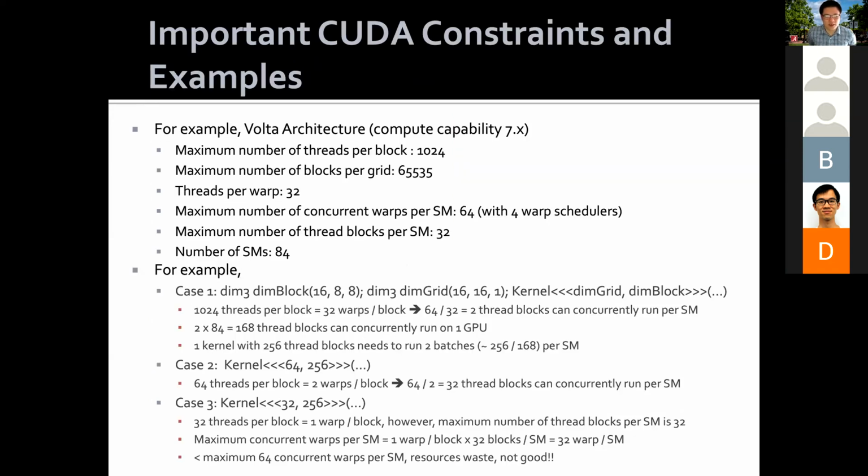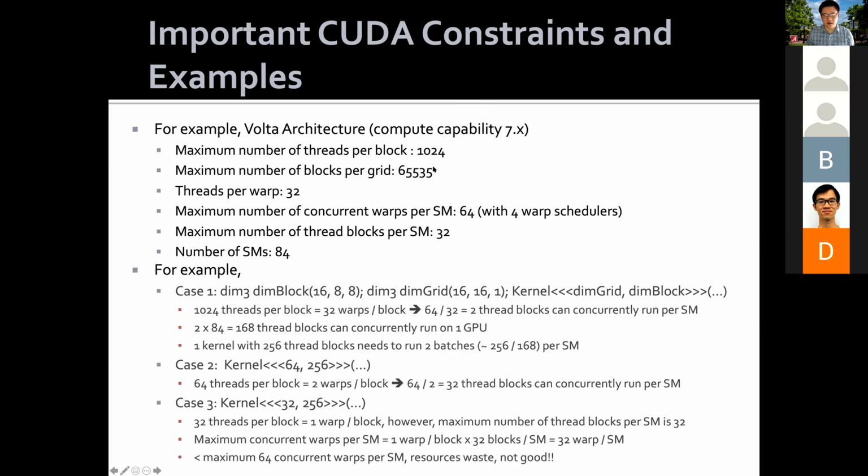So let's try to summarize here. The maximum number of threads per block, for example using the Volta architecture here, was previously 512, as I mentioned, but now we can have 1024. And the maximum number of blocks per grid is 65,535, so you can calculate how many threads you can use for one kernel or data array, whatever you want to call it.